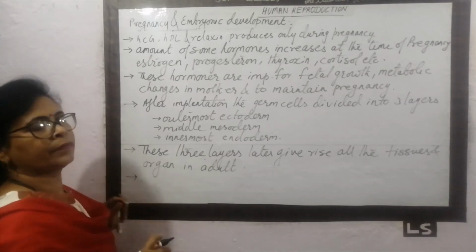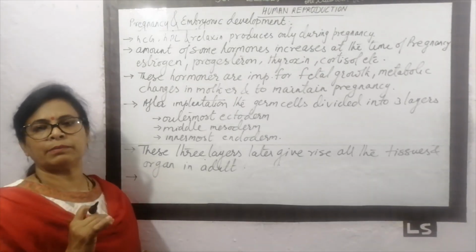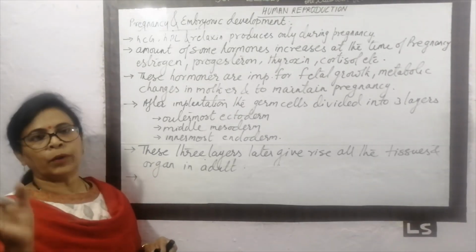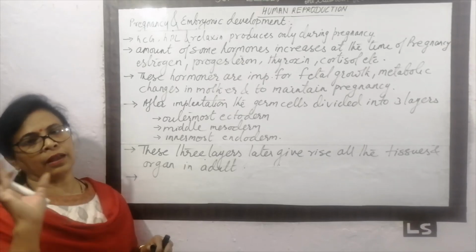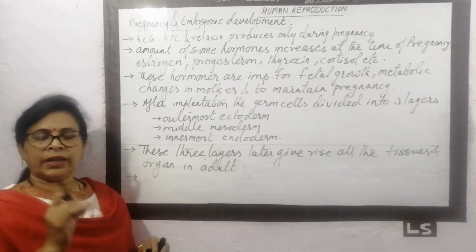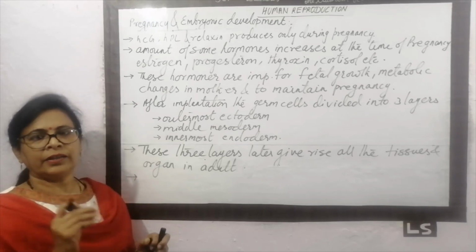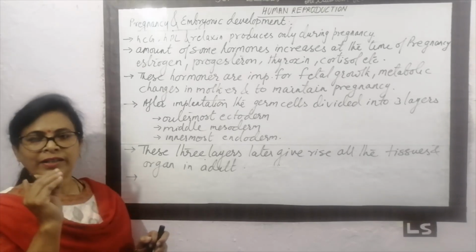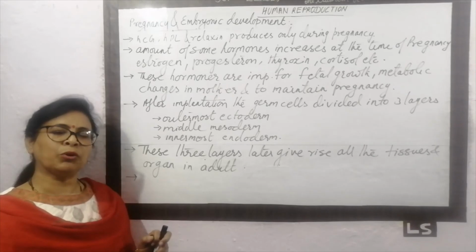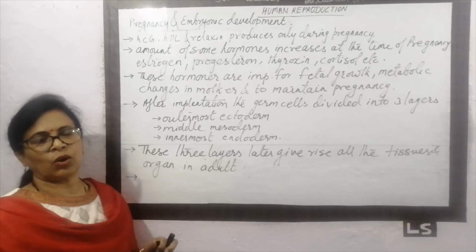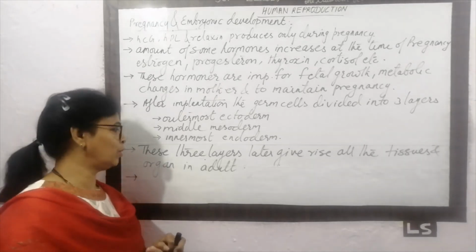These three layers are responsible for all the body parts which are formed inside the mother. The inner cell mass is also called the stem cell, and it is very much important. Why is it important? Because it has the potential to give rise to all the new tissues and organs.